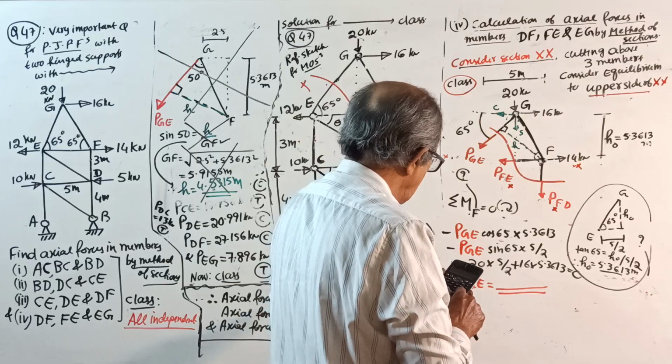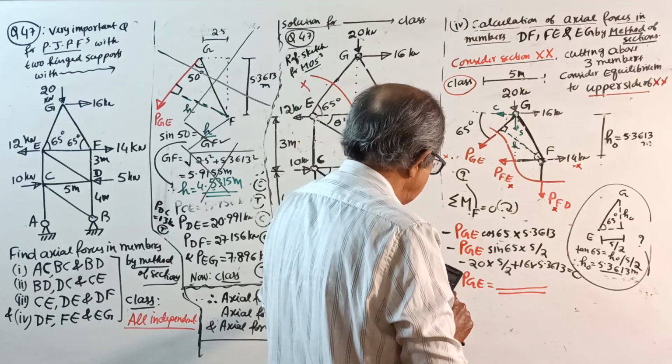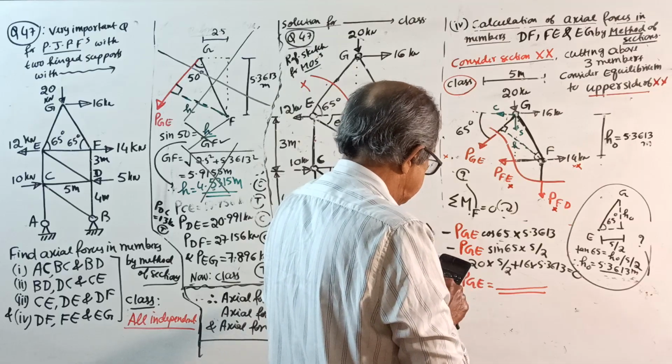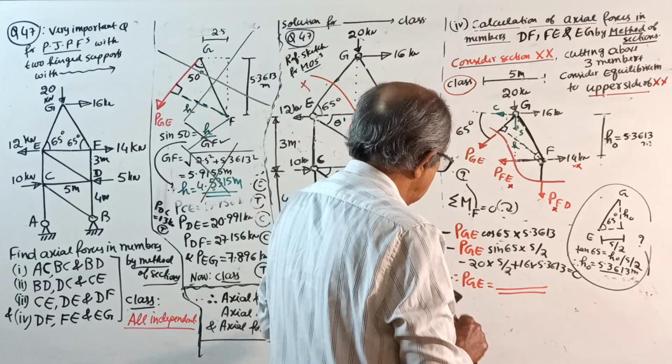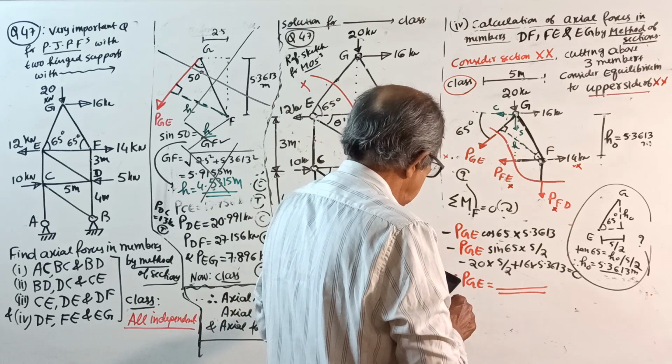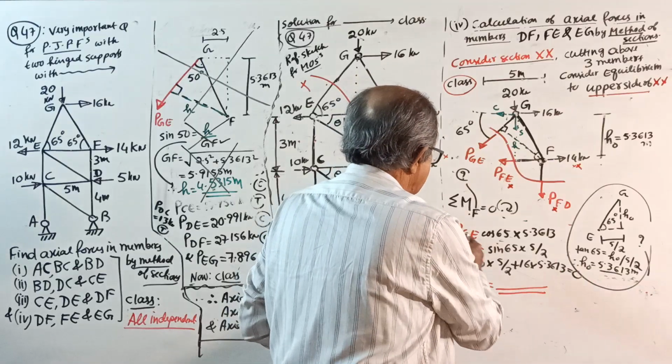No, something wrong. I told you my calculator is a problem. 50 plus 16 into 5.3613 is 35 point something. It became plus. If it is plus, on the other side it will become minus, so that minus will cancel.